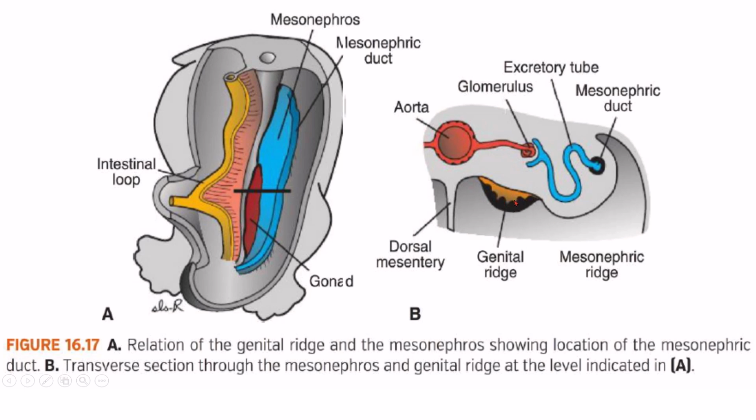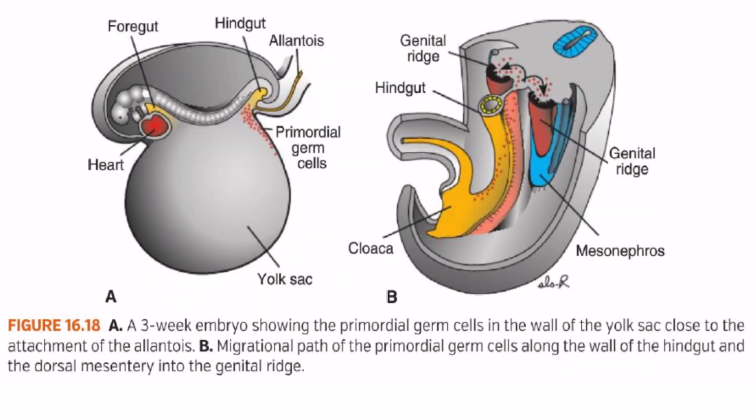So this is a genital ridge which has developed on the medial aspect of the urogenital ridge, which has developed from the intermediate mesoderm of the intraembryonic part of the mesoderm. Now you can see here primordial germ cells. They are derived from the epiblast, from the caudal part of the primitive streak, and later they migrate to the extraembryonic mesoderm present in the connecting stalk.